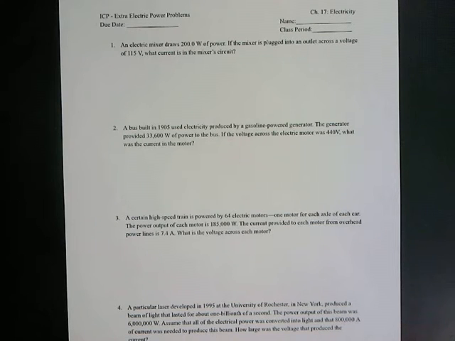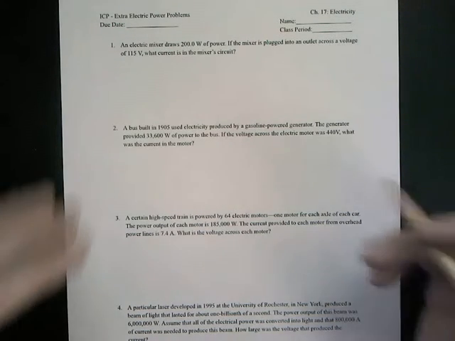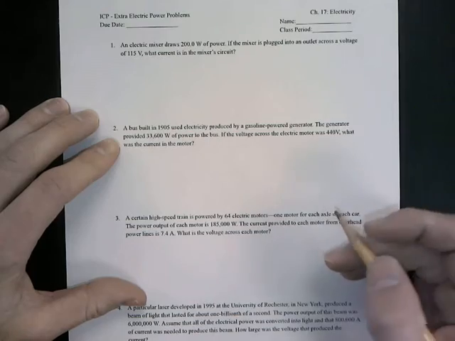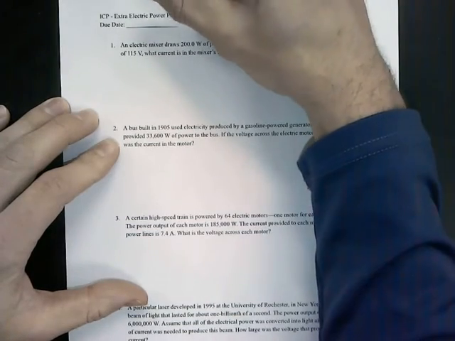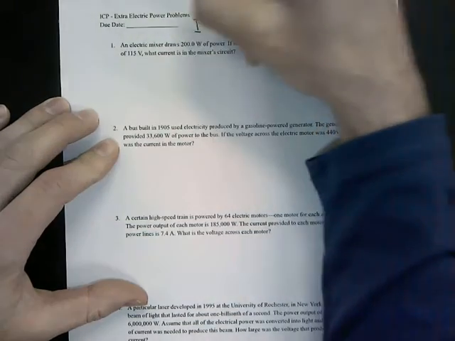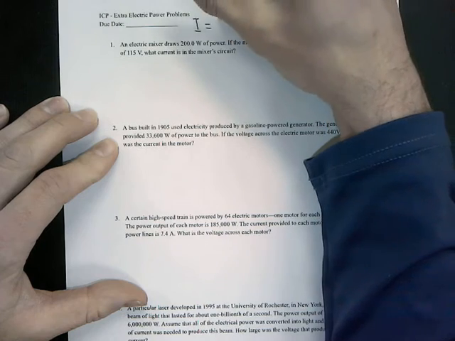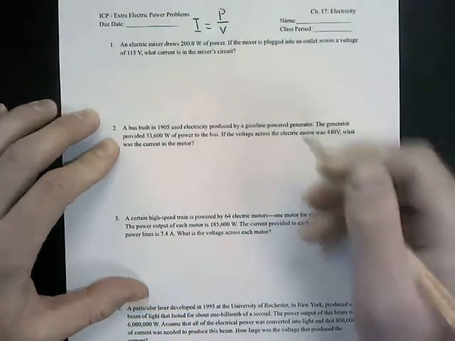Now, I'm going to show you how to do 3 of these problems, and then I want you to do the remaining 3. So there's a total of 6 problems. And with electric power, I always like to identify the formula that we are going to be using. And the formula here is I for current equals P for power divided by V for volts.